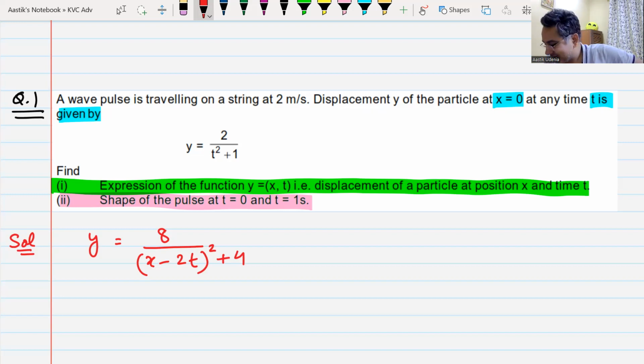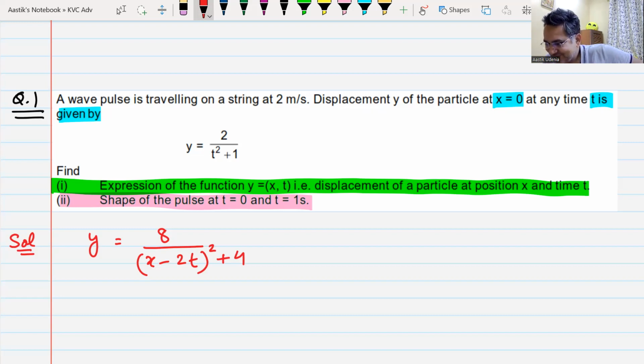Sir, I found the k value. k equals omega by v. And when we transform this, at x equals 0, x is eliminated.